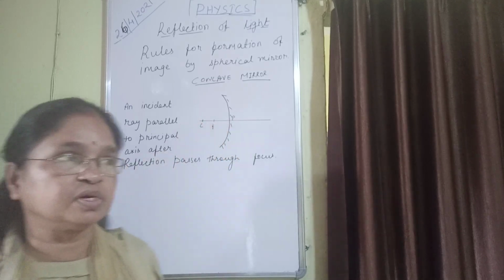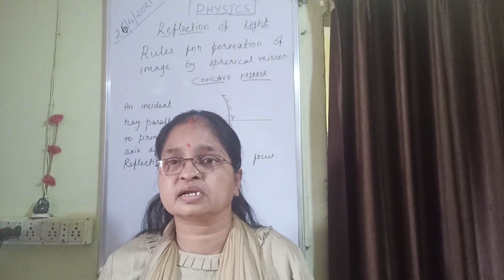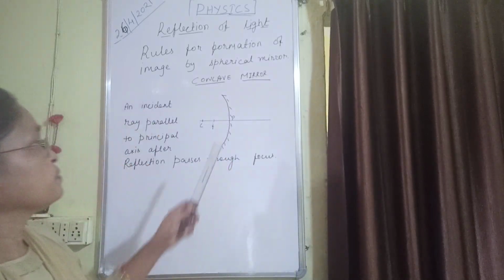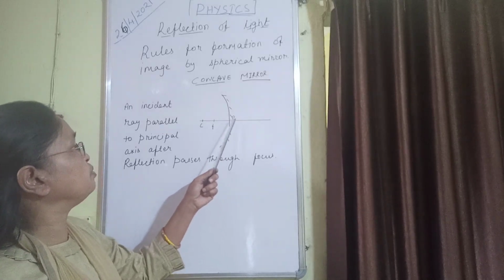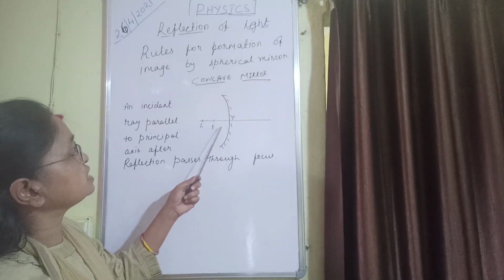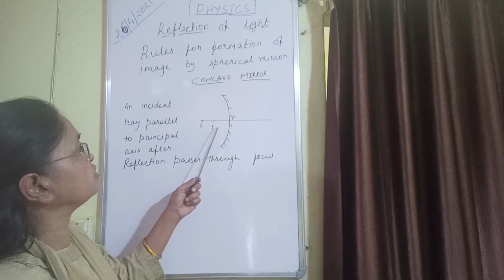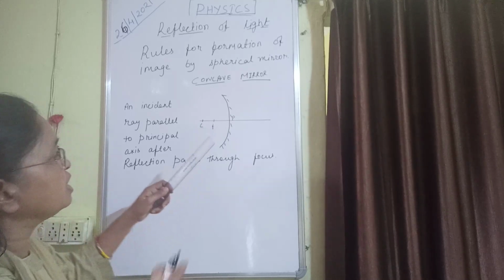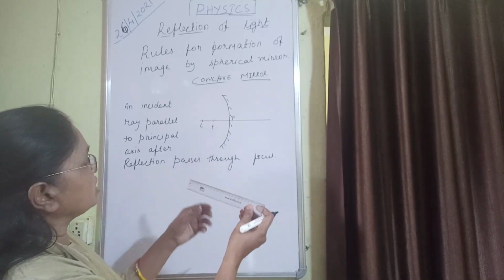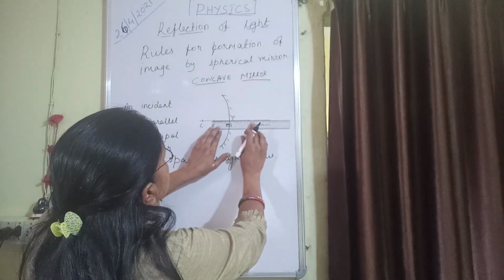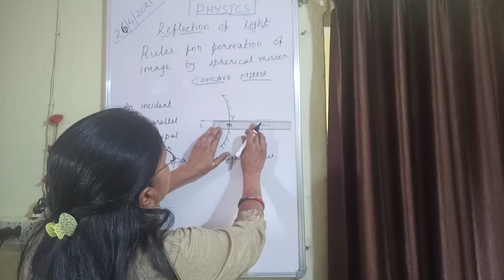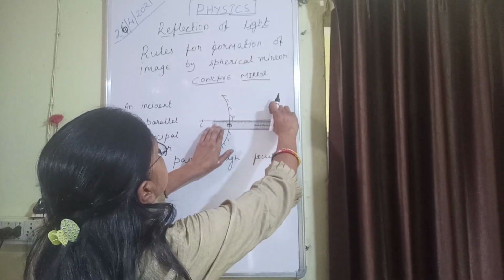But students, remember, इसमें बहुत ही ध्यान रखना है हम लोगों को कि whatever the distance you are taking from pole to focus, the same distance you will take from focus to center of curvature. For example, here I am showing you that we have a distance from pole to focus of 5 centimeter.